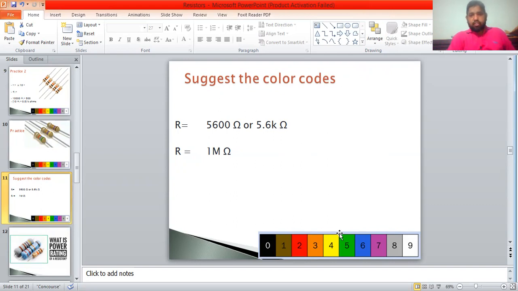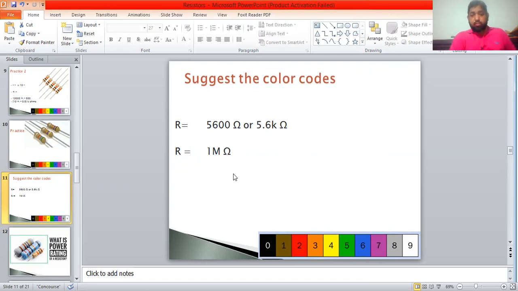So 5 here is shown by green, 6 is shown by blue, and then 10 power 2, so that will be 2. It means the first color will be green, second will be blue, and third will be red. Green, blue, red will show a resistance of 5600 ohms or 5.6 kilo ohms.